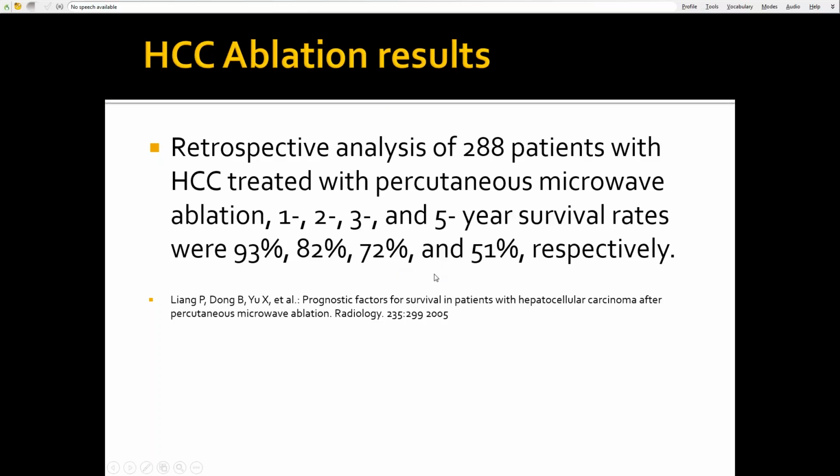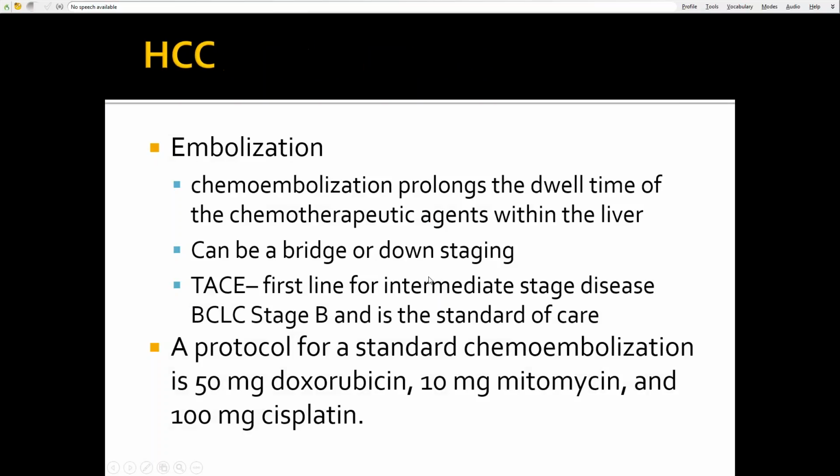So you can get good results with thermal ablation. With embolization, the locoregional therapy, you can sometimes even downstage patients into being a transplant candidate after they've been treated.